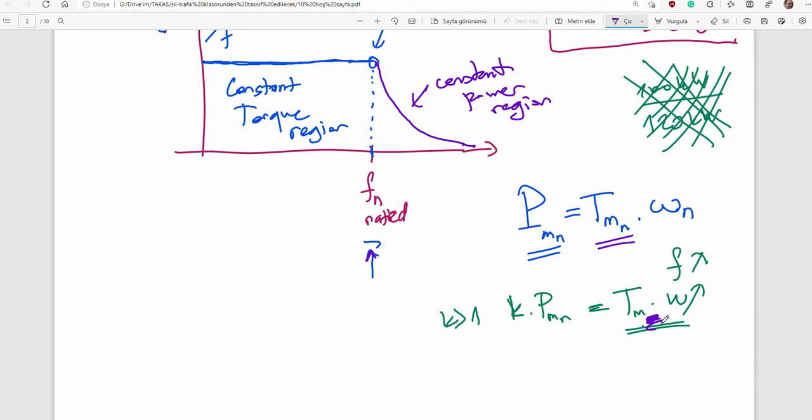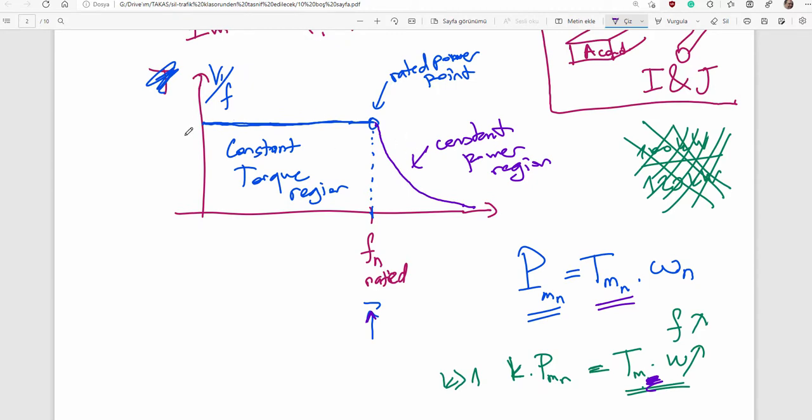You should decrease voltage over frequency ratio, because we lose torque control, because machine limits will be exceeded.